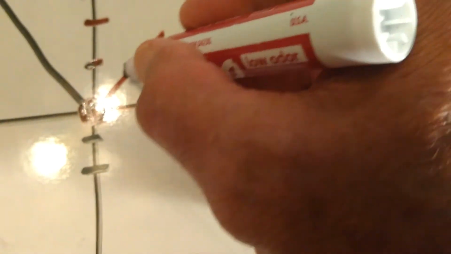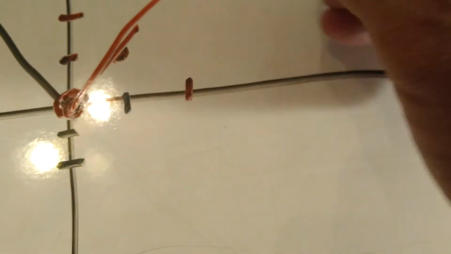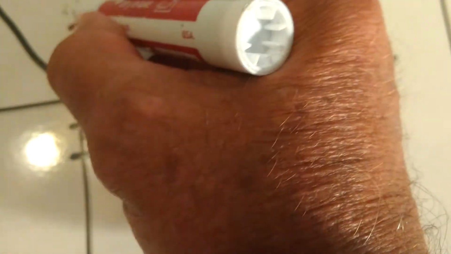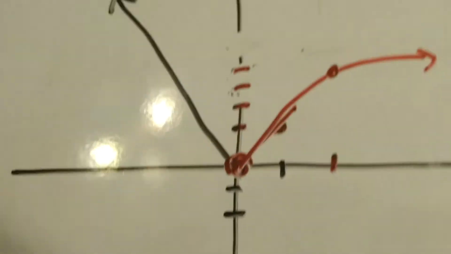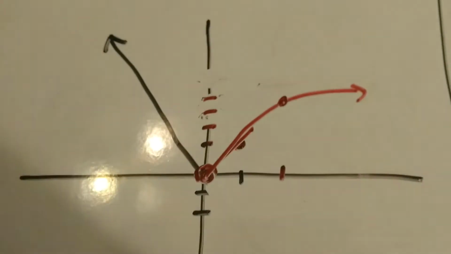So it looks something like this. Mine's not spaced out very well, so let me space that out a little better. So there's the part of the graph.